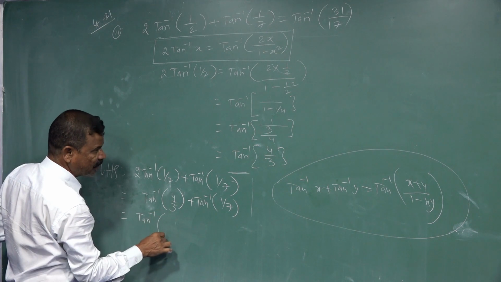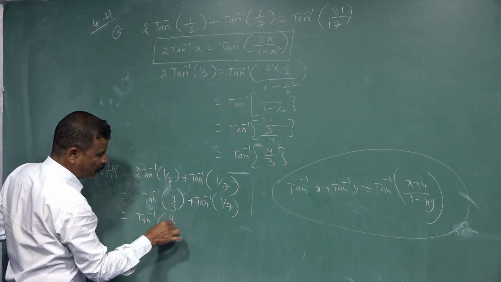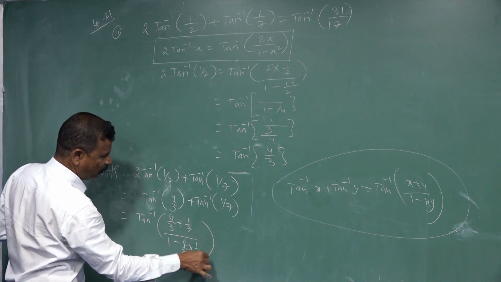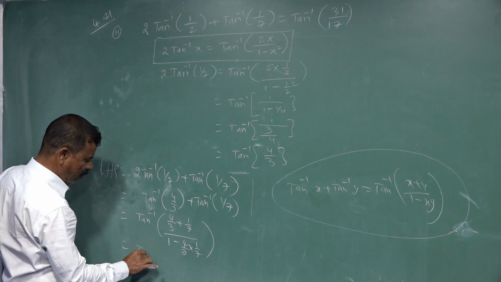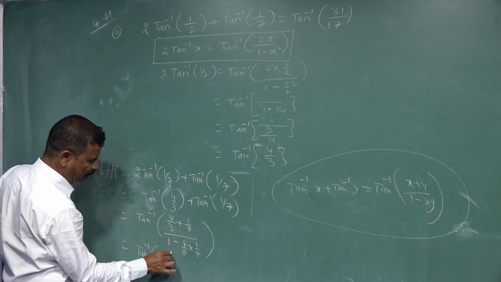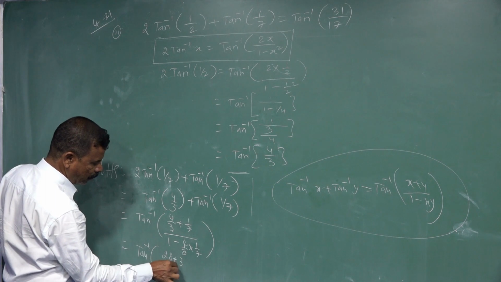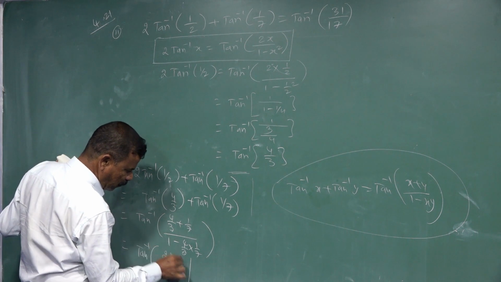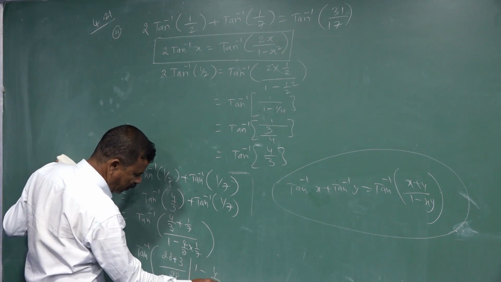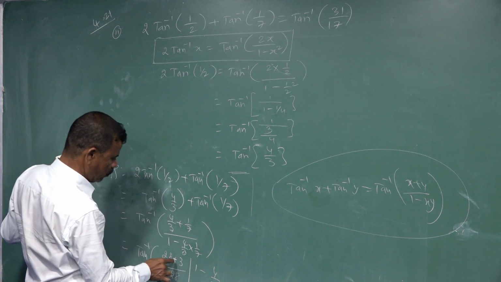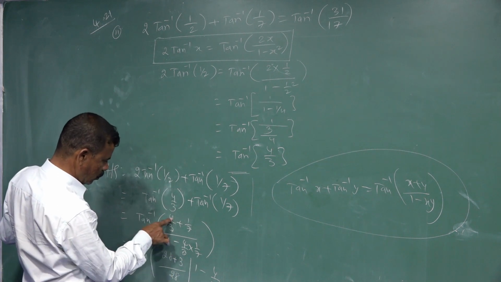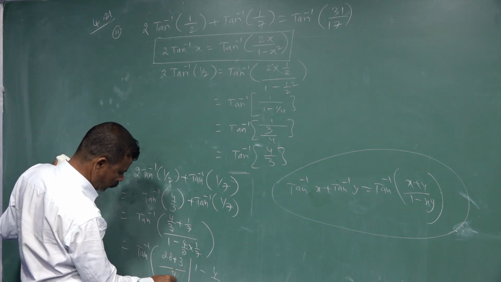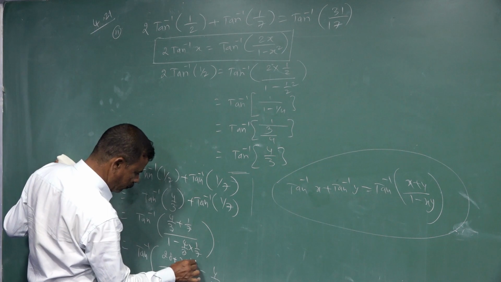tan inverse of 4 by 3 plus 1 by 7 by 1 minus 4 by 3 into 1 by 7. After this, tan inverse of (7 fours are 28, plus 3) into 1, 3 by 3 sevens are 21, division here 1 minus 4 by 21.